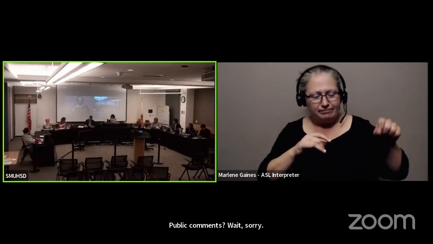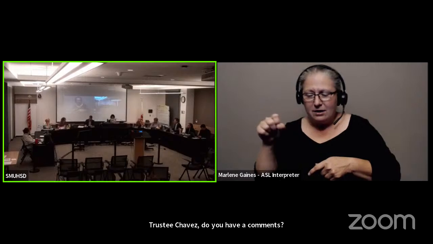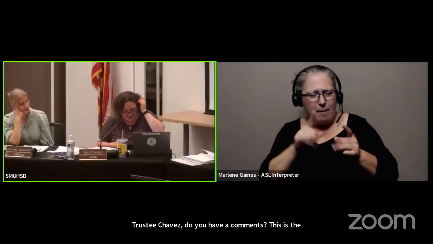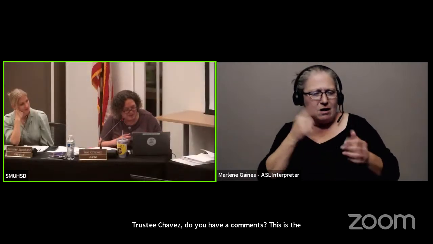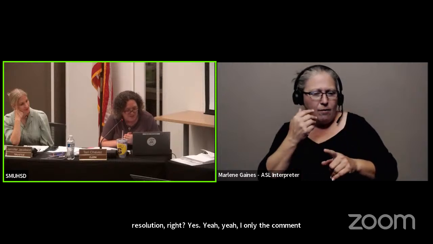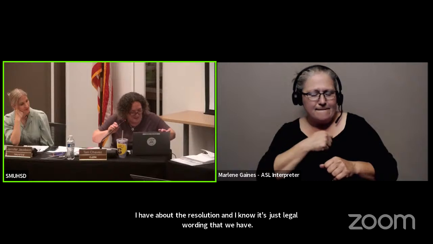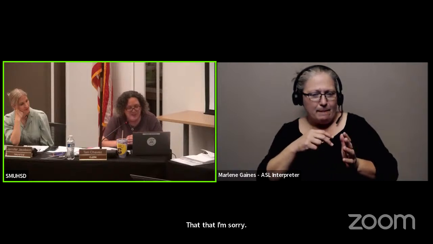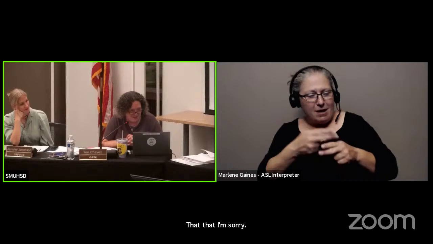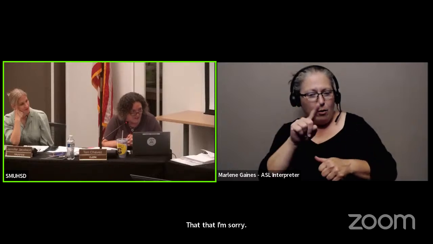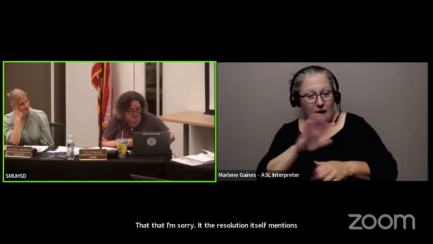So this is the resolution, right? Yes. The comment I have about the resolution, and I know it's just legal wording, is that the resolution itself mentions the 3.0 FTE health aides that are no longer needed, the work isn't there.